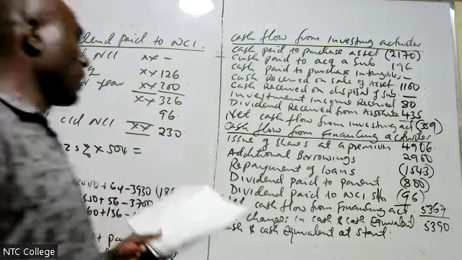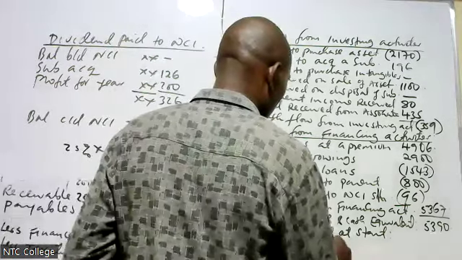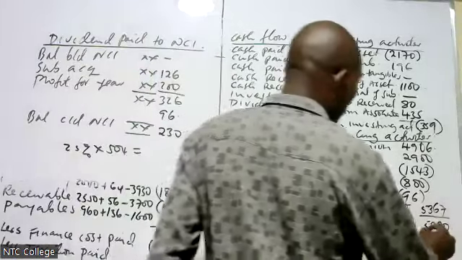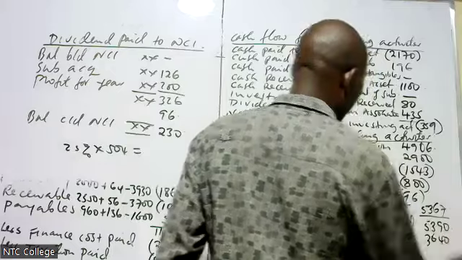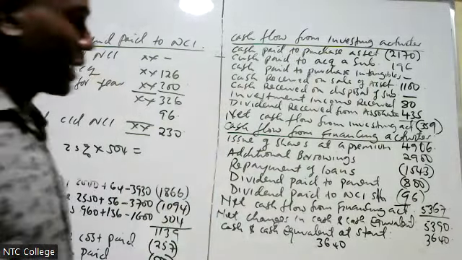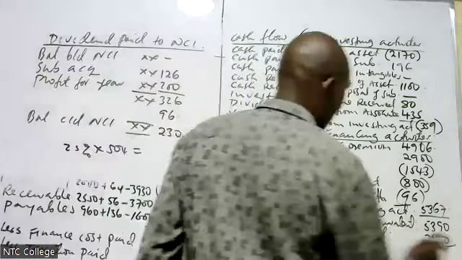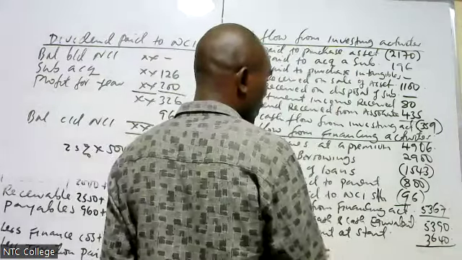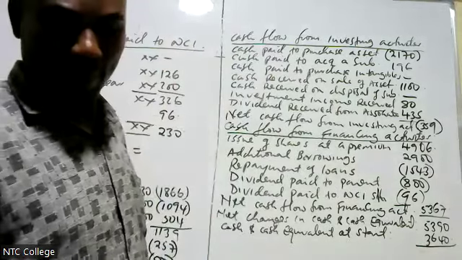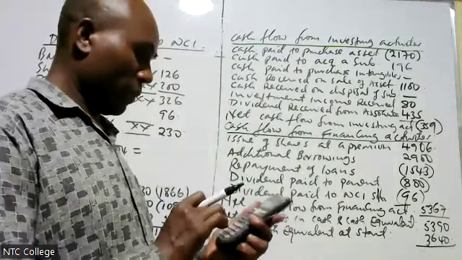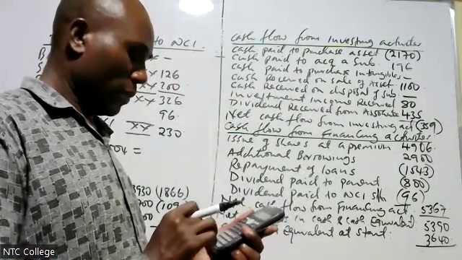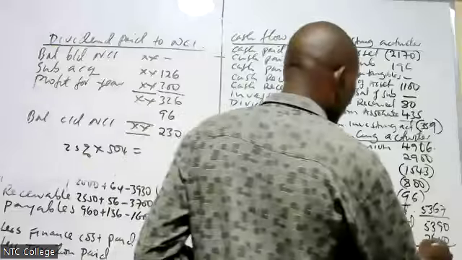I have that 640. Do I have the bank overdraft? No. Therefore, I add that 640, of which when I add, I get 9030.